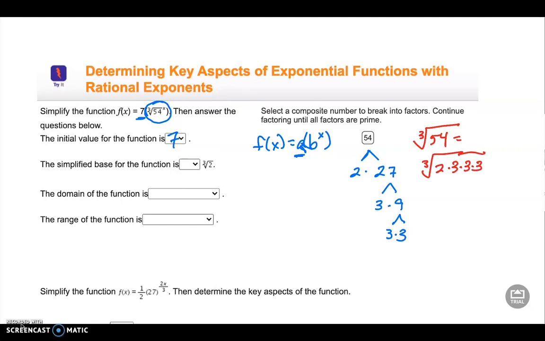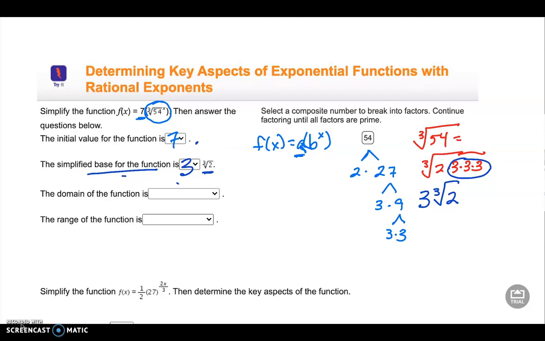And if I look, I've got one set of 3, so that comes out. And then left underneath is the cube root of 2. So if you notice, the simplified base for the function, we're given the cube root of 2 part. The part we're missing is the 3. Again, we're not worrying about the 7 because that's the initial value. This is the base, what's taken to the exponential power.